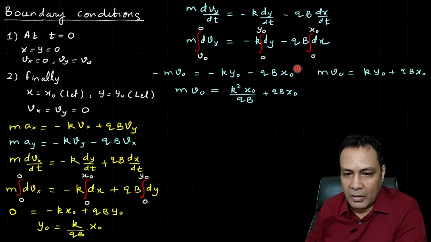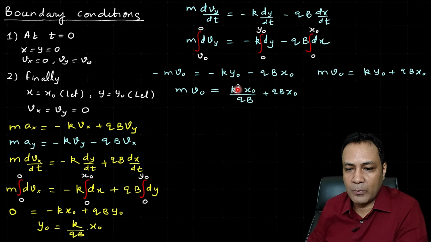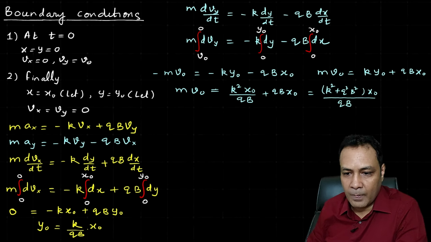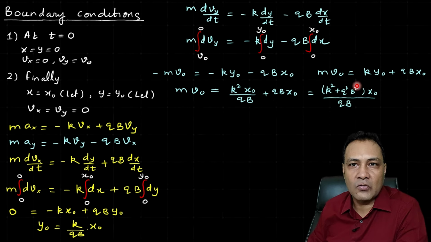So mV naught, I am putting y naught as kx naught by qB, so if I put it here, that will become k square x naught by qB plus qB x naught. So we can take x naught common, so that would be k square plus q square B square by qB times x naught.